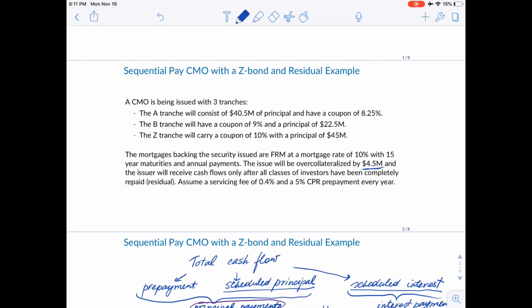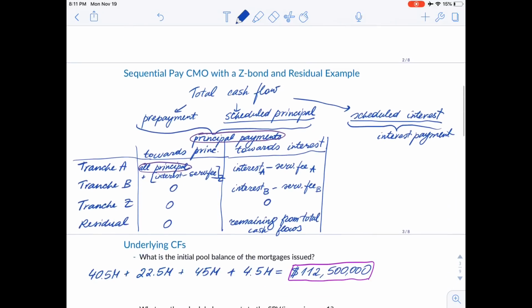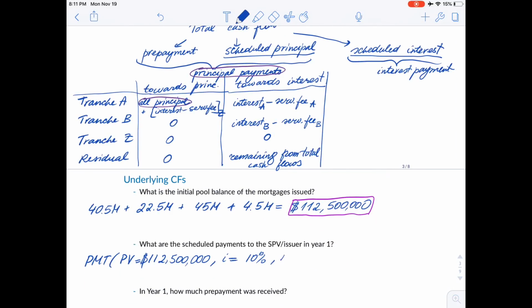That's the interest rate on the mortgage. And there are 15 years with annual payments, so N is going to be 15. So the payment that I got is $14,790,799.90. That is the scheduled payment to the issuer.